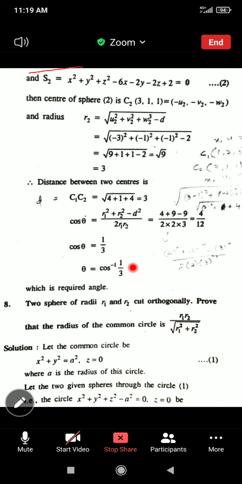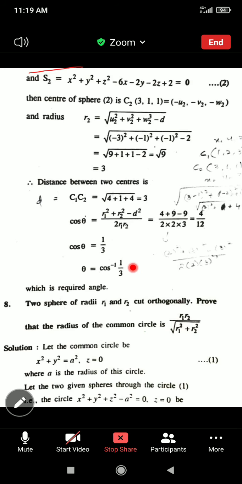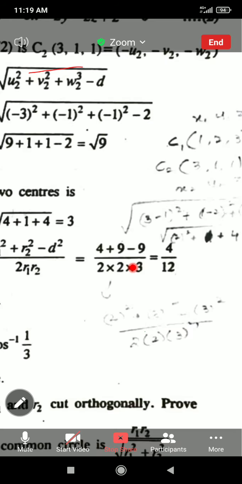So 4 plus 4 is 8, 8 plus 1 is 9, root of 9 is 3. Okay, so using the formula, we substitute the values and get 3 minus 1 whole square, plus 1 minus 2 whole square, and another term as well, giving the distance 3.